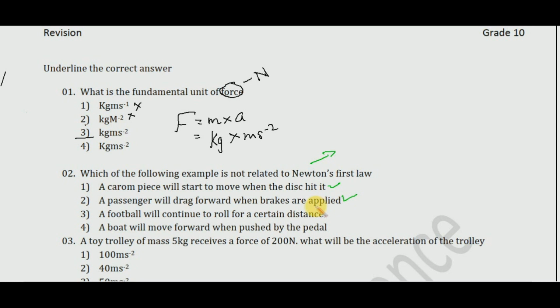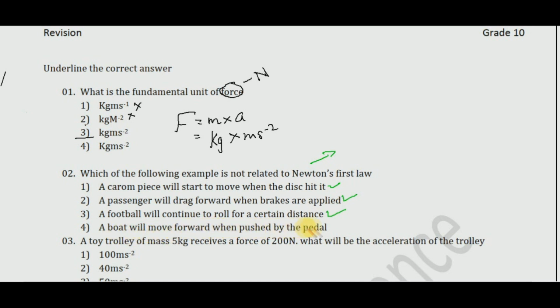A football will continue to roll for a certain distance. Why does it go only a certain distance? Because of friction, the object receives an unbalanced force and decelerates, which confirms that Newton's first law applies. A boat will move forward when pushed by the paddles.